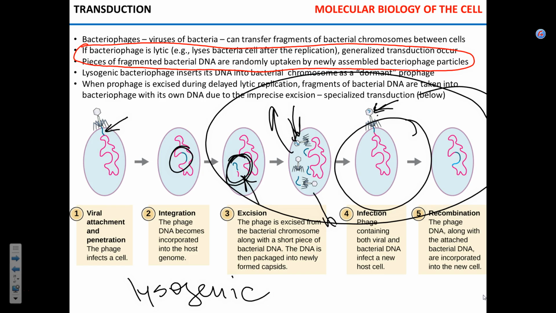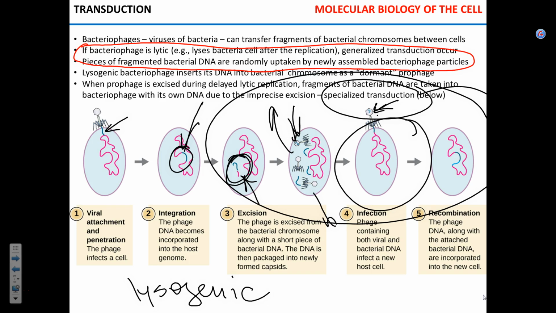So this transduction, when a lysogenic phage carries over fragments of the bacterial DNA, is called specialized. That's a specialized transduction. So phage DNA is incorporated in the bacterial chromosome.